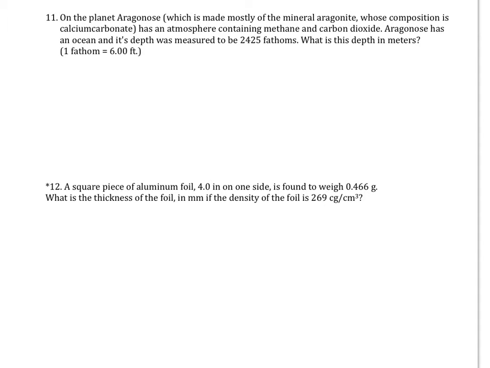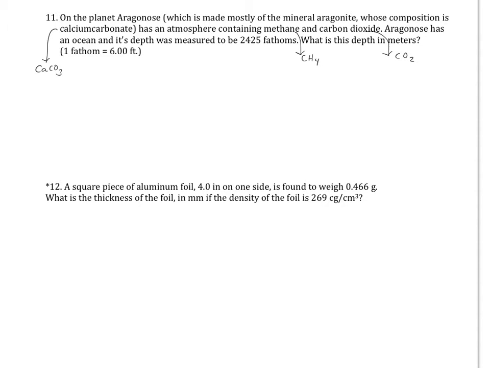In this problem, we have a mineral that consists of calcium carbonate, and the chemical formula for calcium carbonate is CaCO3. The atmosphere of this hypothetical planet consists of methane, which is CH4, and carbon dioxide, which is CO2.